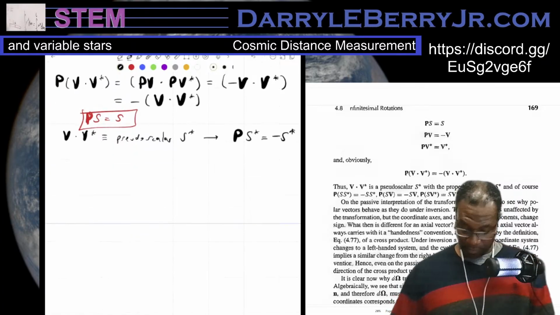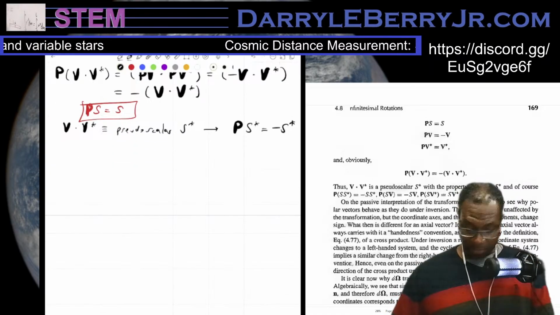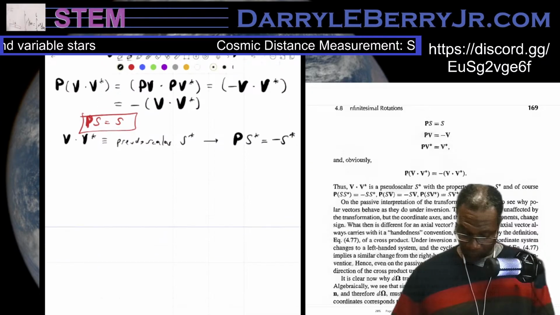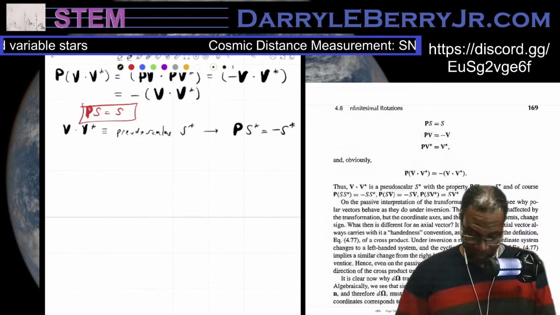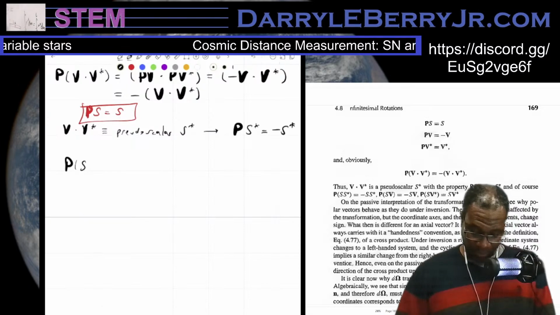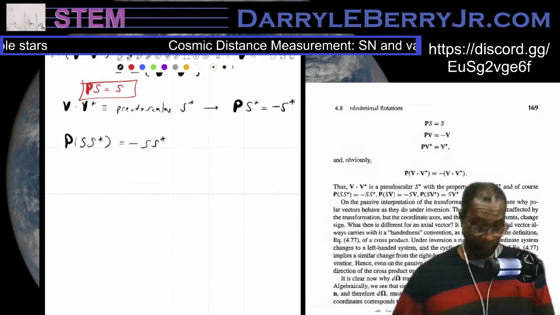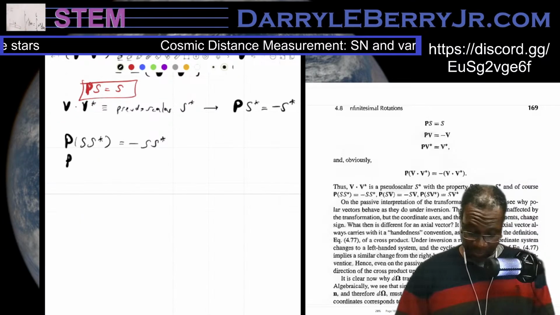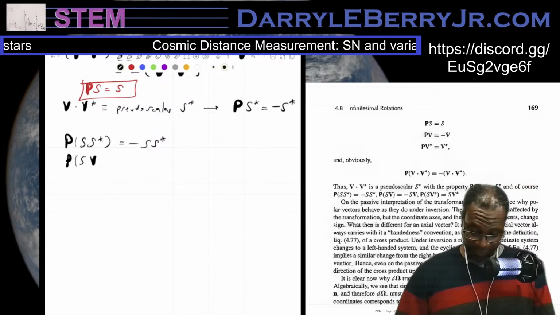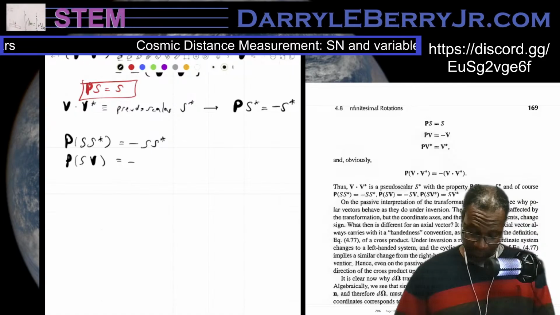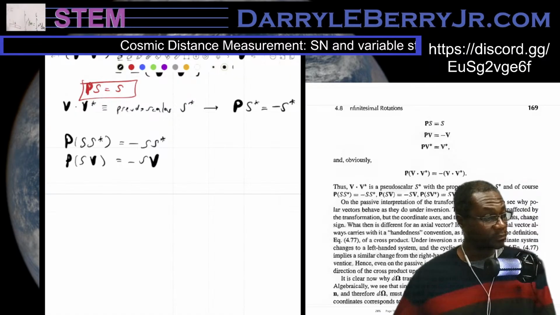And of course, P S S star equals negative S S star, right? That makes sense. P S V equals negative S V.